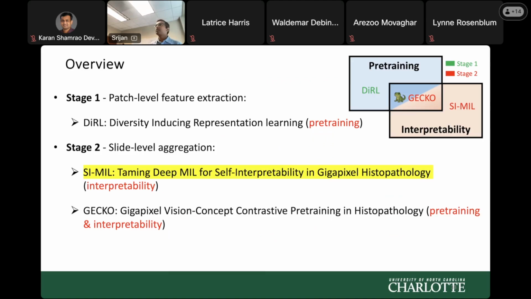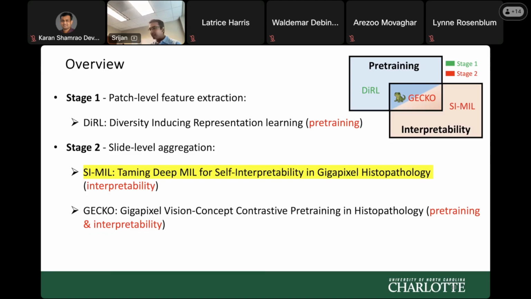There are basically two stages: the first is patch-level feature extraction, and the second is slide-level aggregation. We have made lots of contributions in both of these stages. Today, I will be talking about only one work in stage 2, which is SIMIN, taming deep MINs for self-interpretability in gigapixel histopathology.